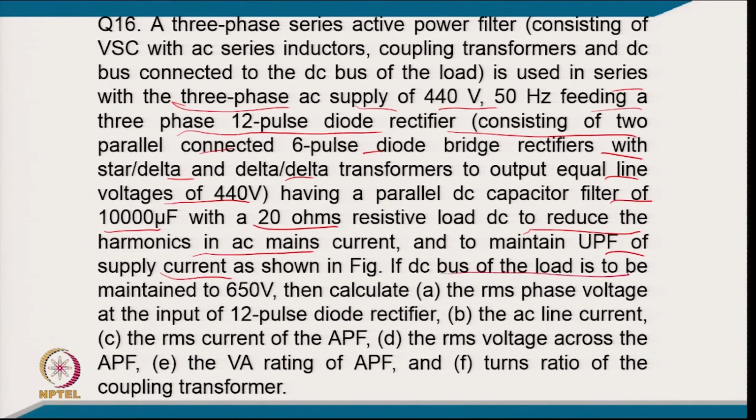If the DC bus of the load is to be regulated to 650 volt, then calculate the RMS phase voltage of the 12 pulse diode rectifier, the AC line current, the RMS current rating of the series active filter, the RMS voltage rating of the series active filter, the VA rating of the series active filter, and the turns ratio of the coupling transformer.